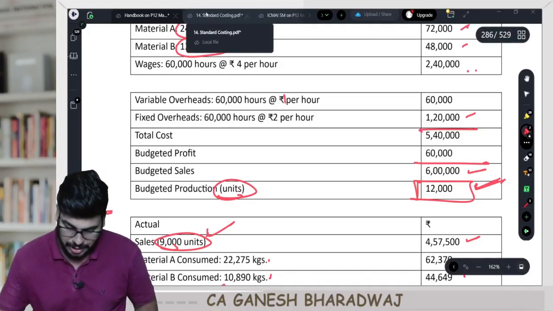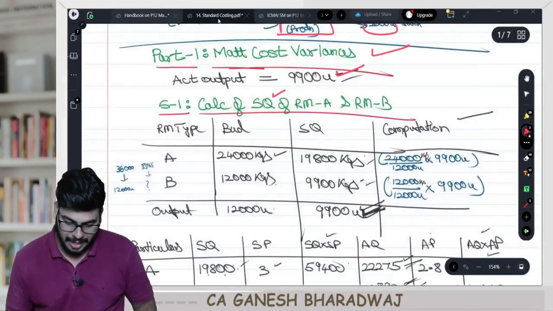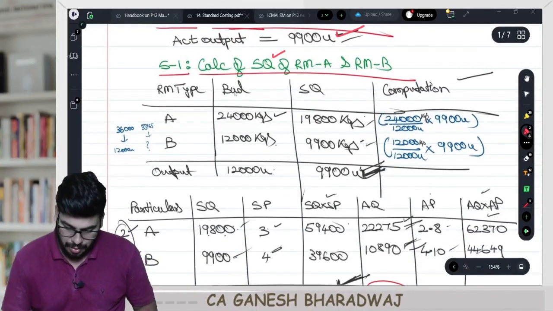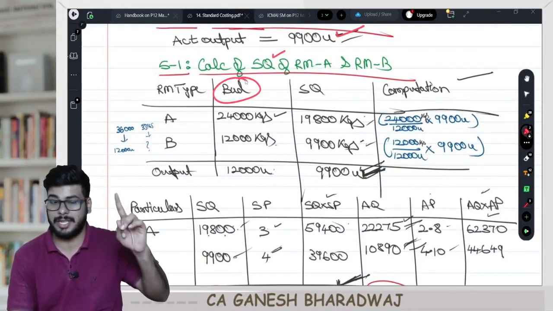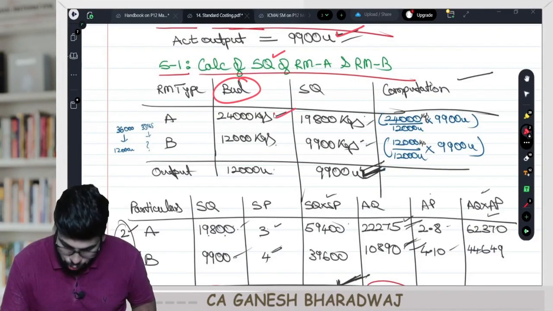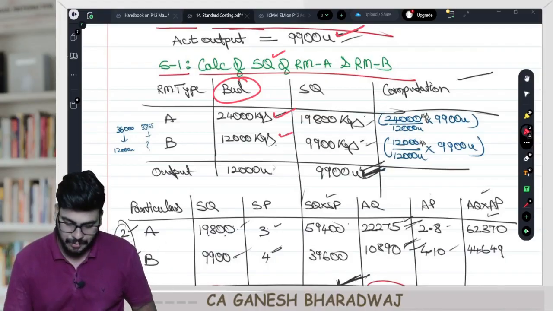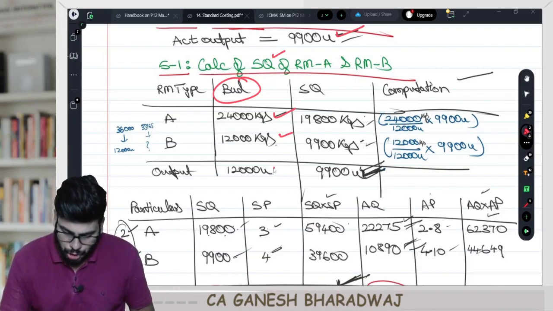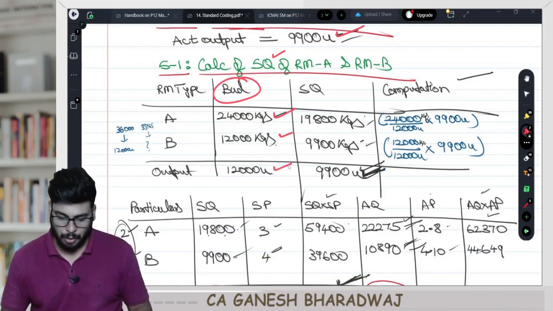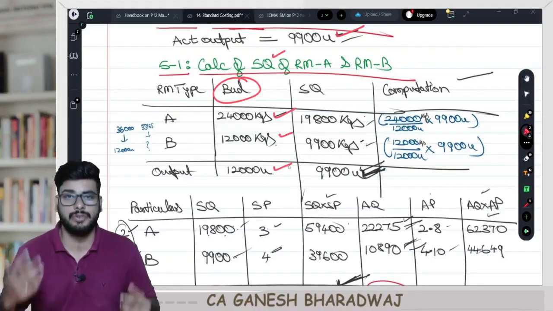Now the budgeted data is actually not standard. You can consume 24,000 kgs of A and 12,000 kgs of B, and if you consume these two, you will effectively get an output of 12,000 units, not 12,000 kgs.